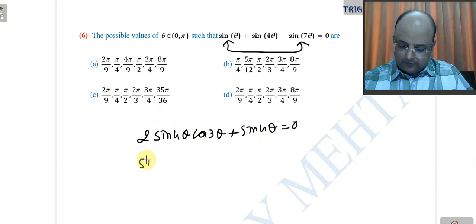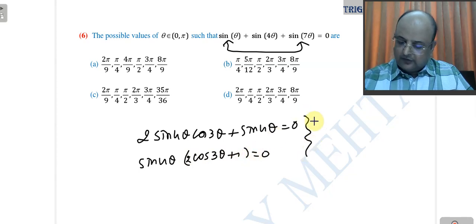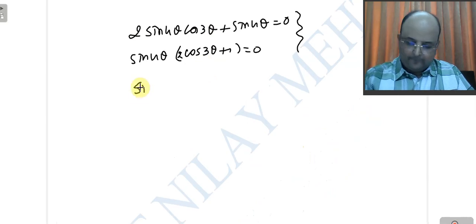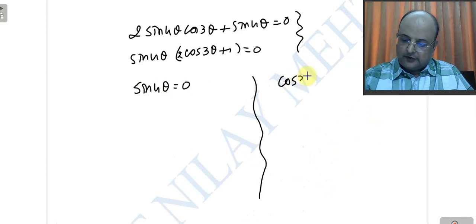Well, sin 4 theta common, and 2 cos 3 theta plus 1 equals 0. So either sin 4 theta is 0 or cos 3 theta equals minus 1 by 2.